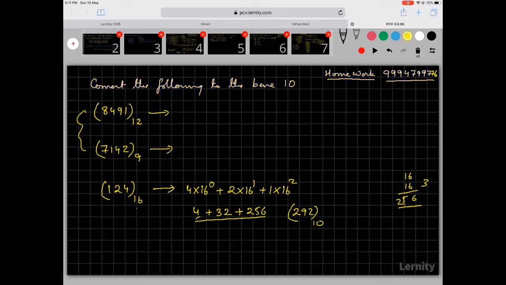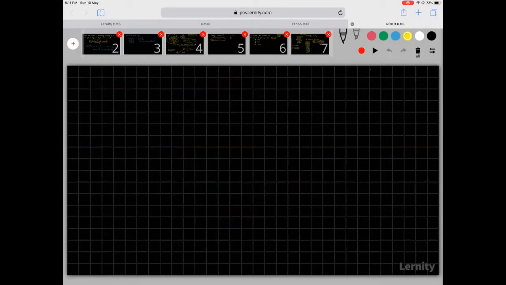Okay. So what I've been trying to tell you is whenever you see any number, say 84321 to the base 10, this is a hierarchical arrangement. Hierarchy means as you go from left to right, their significance increases, the face value increases. In the first case you had 10 power 0.